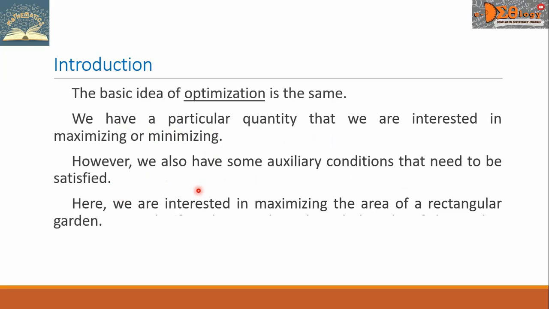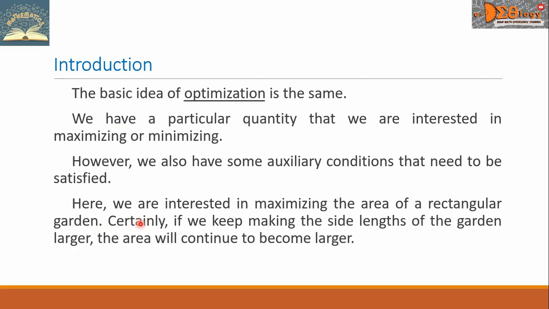Here, we are interested in maximizing the area of a rectangular garden. Certainly, if we keep making the side lengths of the garden larger, the area will continue to become larger.